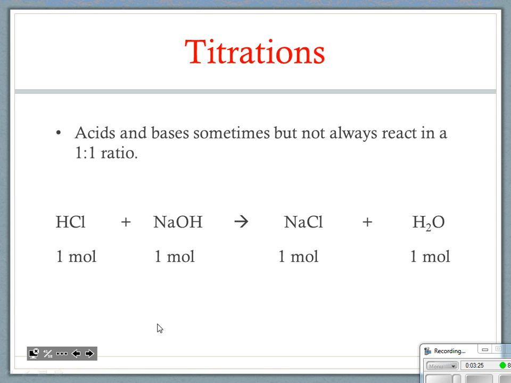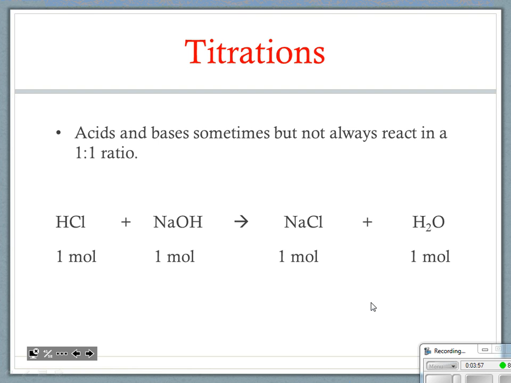A titration. Now, that very first chemical equation that I just showed you is the one we have right here. And as you noticed, when we had the balanced chemical equation, the ratio of the coefficients, 1, 1, 1, 1. Everything has 1 when this is balanced.